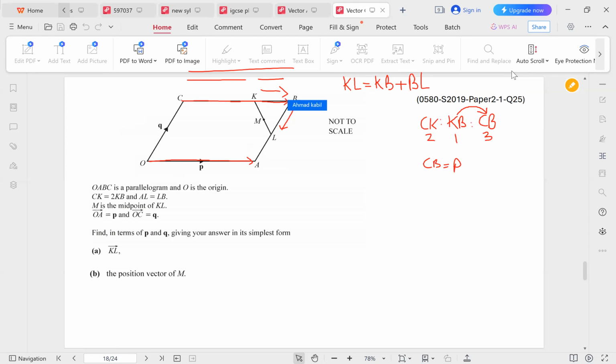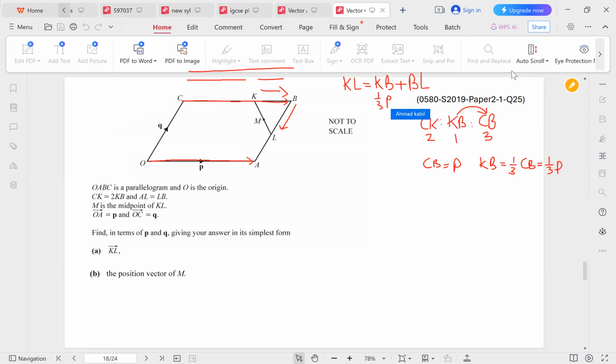Excuse me, CB is equal to P, I mean. And KB is equal to 1 over 3 times CB, and this is 1 over 3 times P. So now that we have KB, we can write it down in the equation. So KB is 1 over 3 times P.